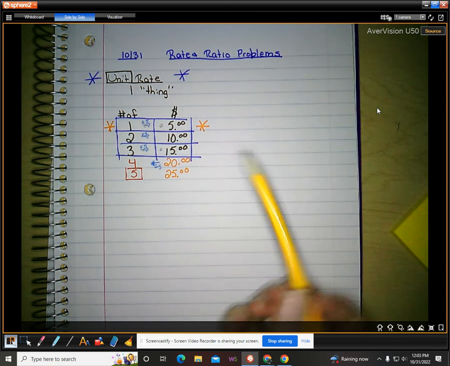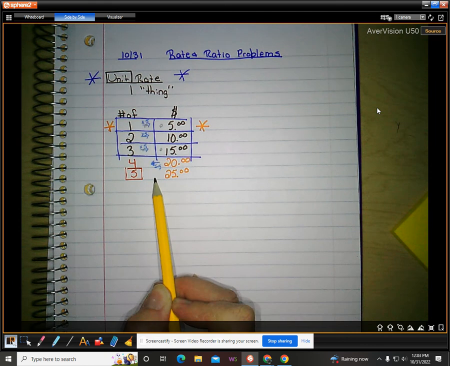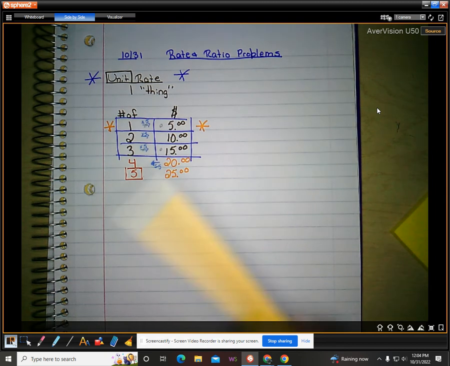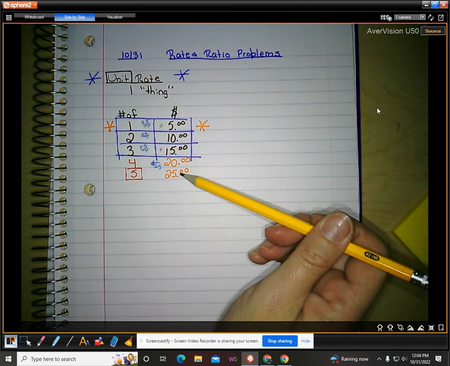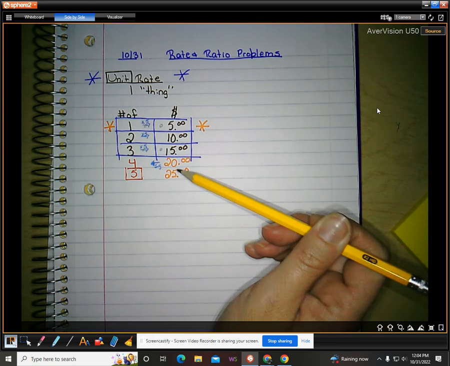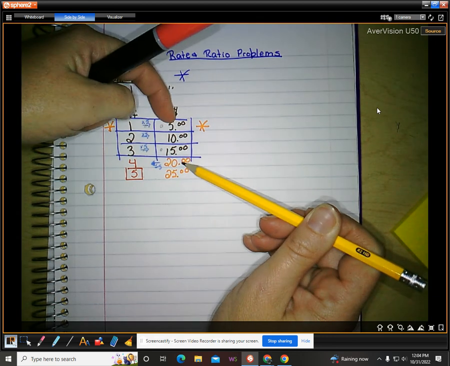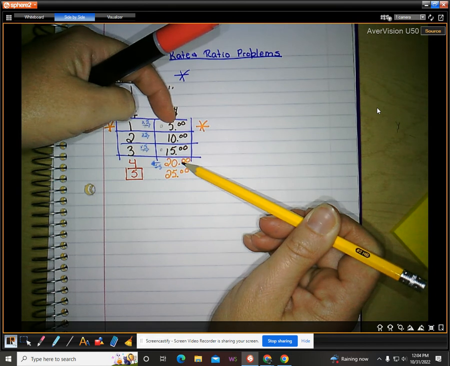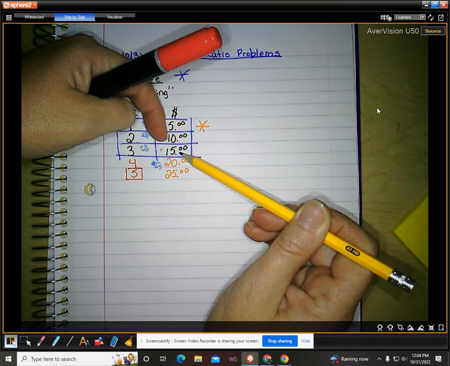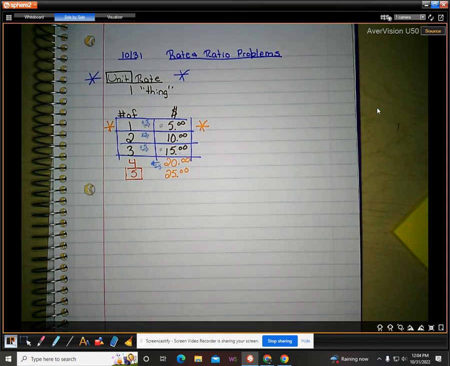Okay, I would have taken 25 and divided it by 5 to get my 5 packages. Either way works. Okay, or if we use Jordan's method, we need something that equals 25. There's a few ones we could look at. We could look at 20 and 5, which gives us 4 and 1. We could look at 15 and 10, which gives us 3 and 2. So again, all 3 methods work.